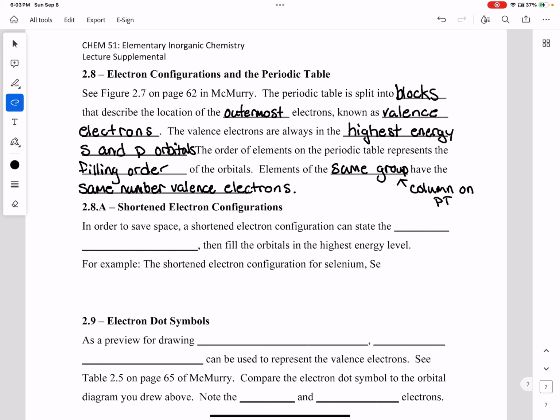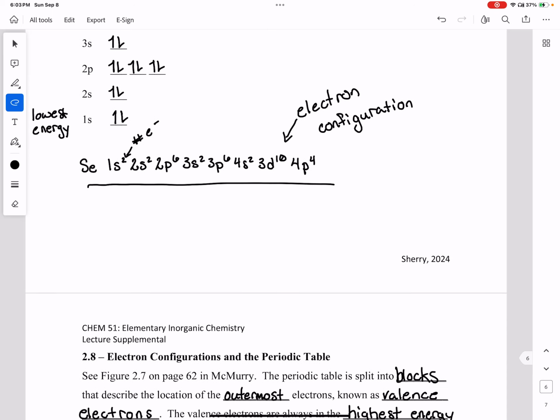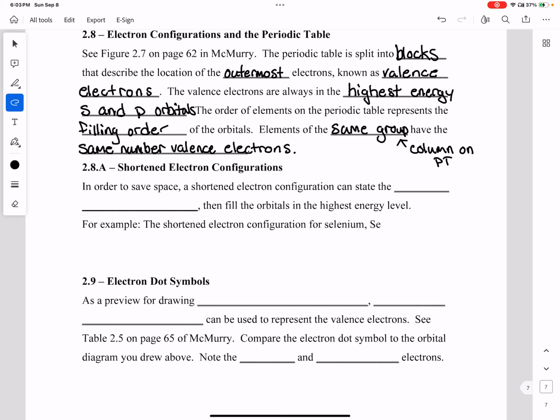So it was kind of a pain to write all of this out, right, for an electron configuration. Why don't we shorten it a little? What I'm going to do to shorten this is state the previous noble gas, and then fill the orbitals after that to the highest energy level.